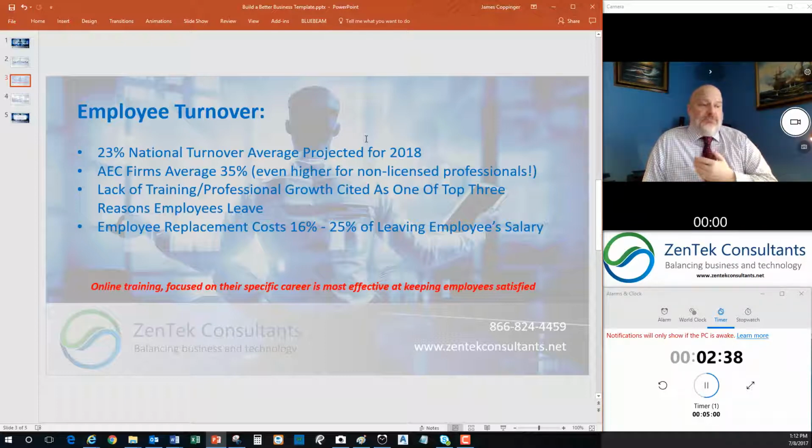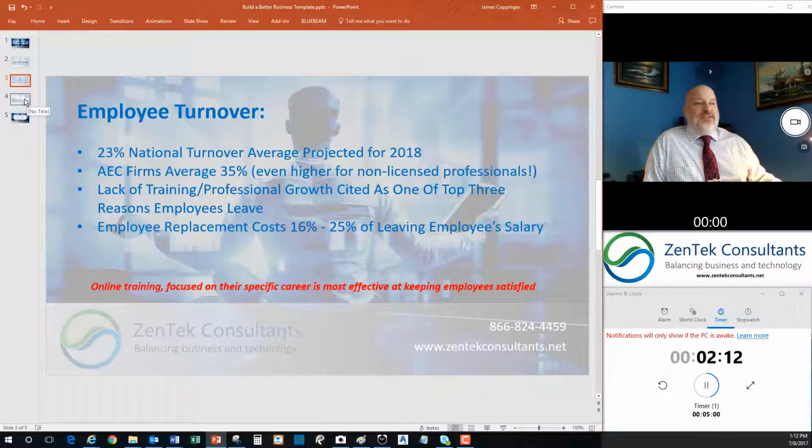Believe it or not, basic, simple, online, focused training that is particular to your staff's specific job and career path is actually the most cost-effective way of keeping your employees happy and making sure that they stay with you, and you keep those really qualified employees that you don't want to lose. So you don't have to throw money at them. All you have to do is train them, right?